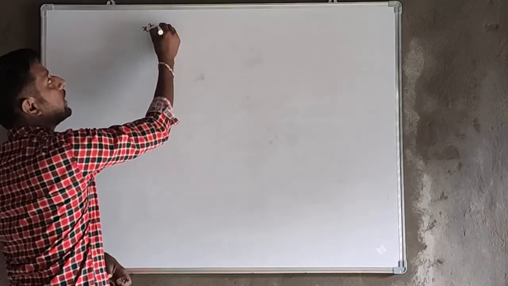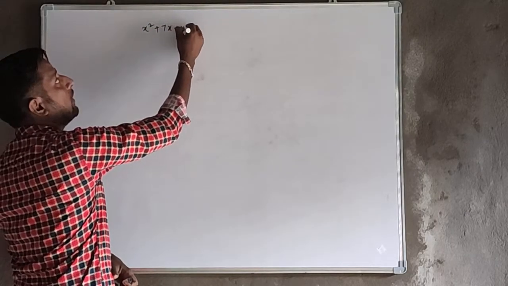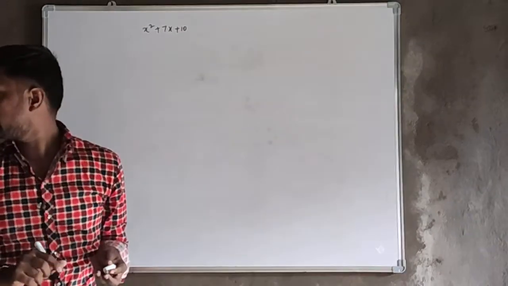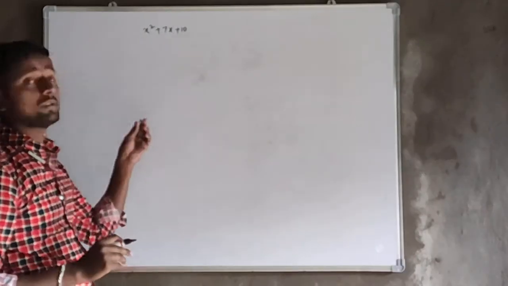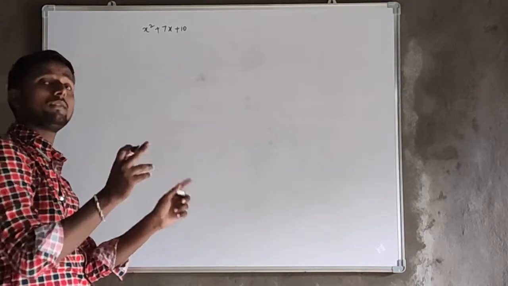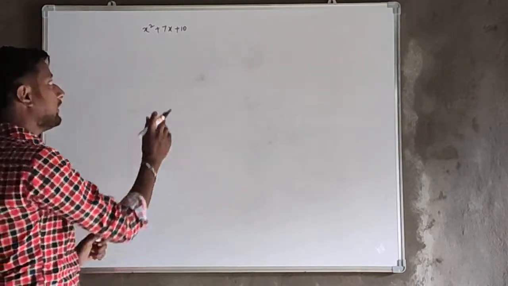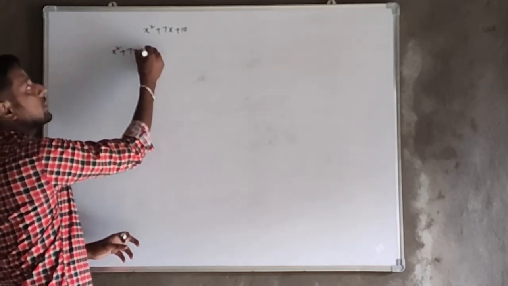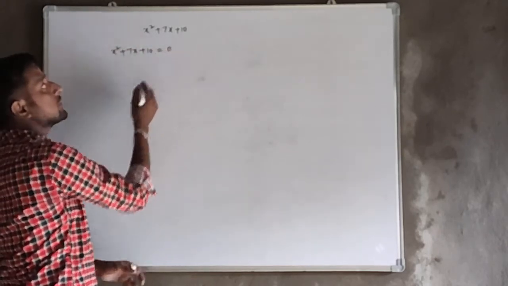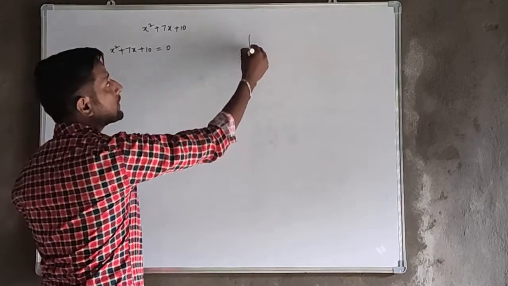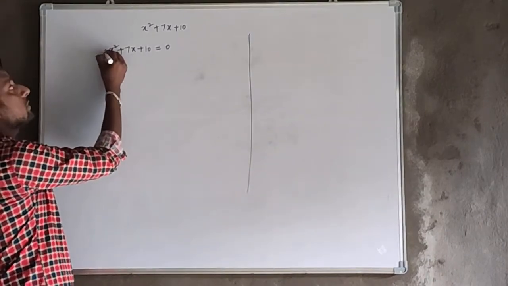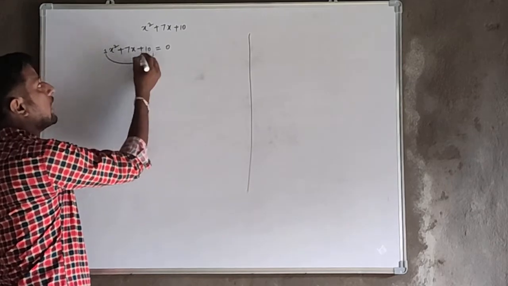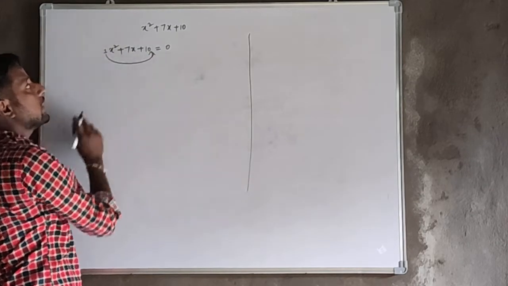x square plus 7x plus 10. Now we should find the zeros of the polynomial, and also we have to verify the relations of the zeros with the coefficients. Am I right? So now I'll write x square plus 7x plus 10 equals 0. As I told you yesterday, we should multiply the first number, the coefficient of x square, which is 1, by the last constant, 10.